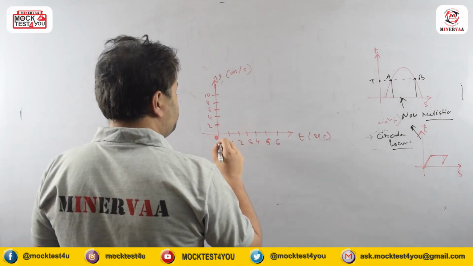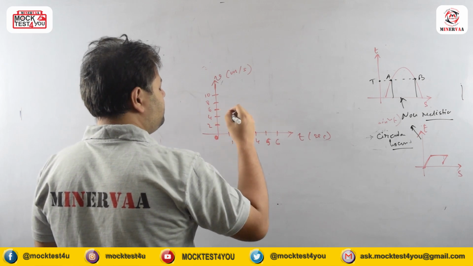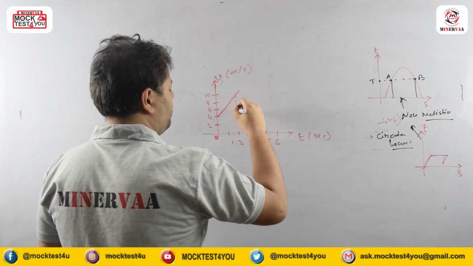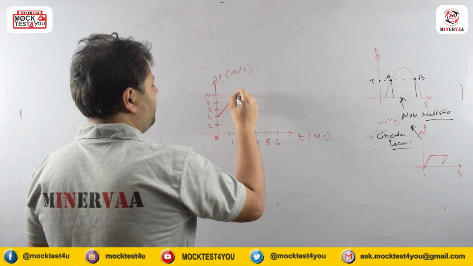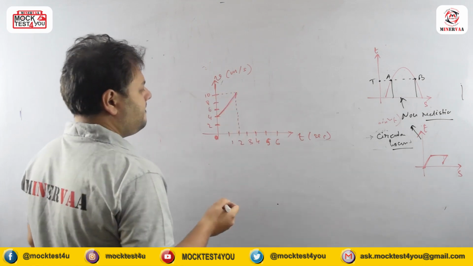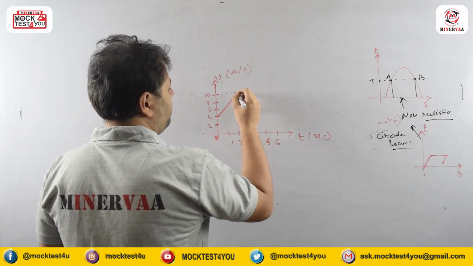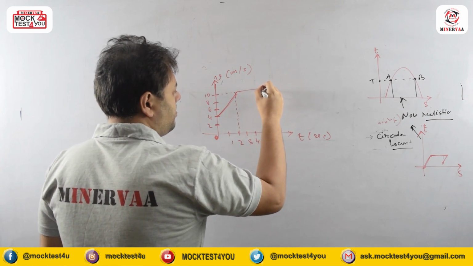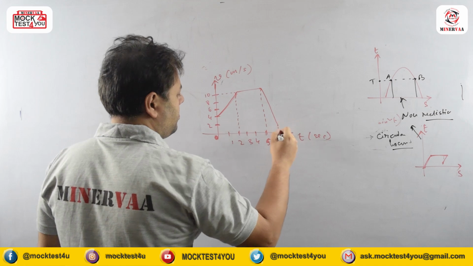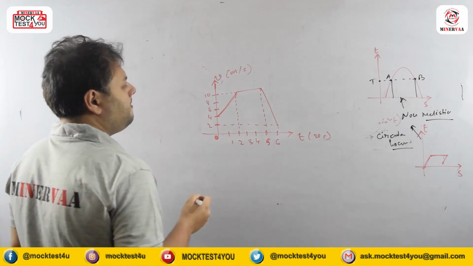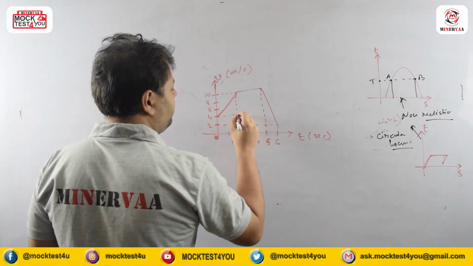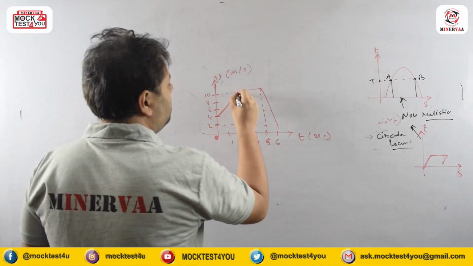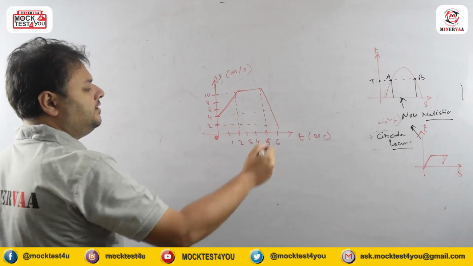So suppose we are having a motion like this. So this is actually the nature of the moving path of the moving particle. Here, however I have drawn, it is parallel to this time axis.